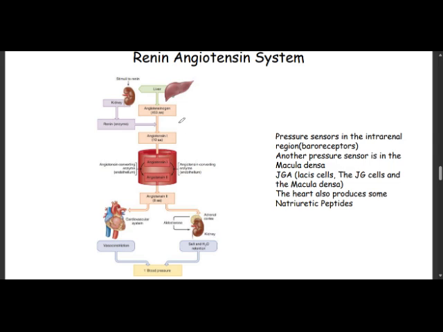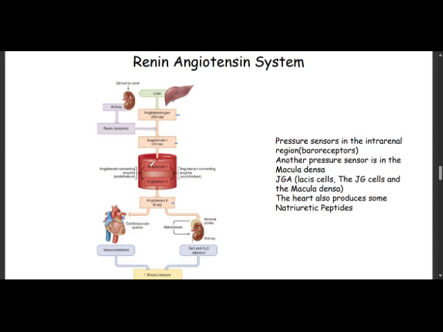So it basically involves angiotensinogen being released, being changed to angiotensin 1, and then angiotensin 1 will be changed to angiotensin 2. Angiotensin 2 is the one that is going to act on the cardiovascular system or the adrenal cortex. So let's just go a little bit into detail through this.